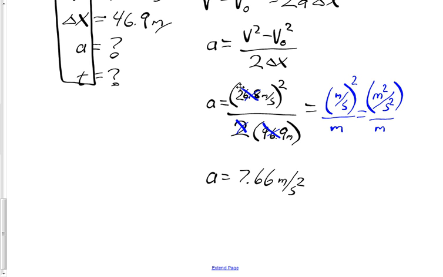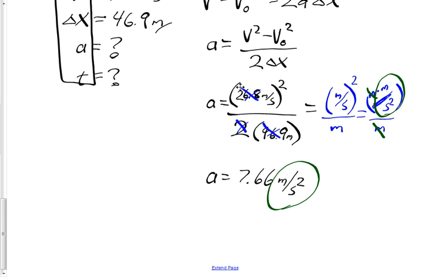So you will notice that if I rewrite it, that's the same thing as meters times meters, and one of those meters will, in fact, cancel out, again leaving me with meters per second squared. So that is my dimensional analysis showing me why I have meters per second squared.